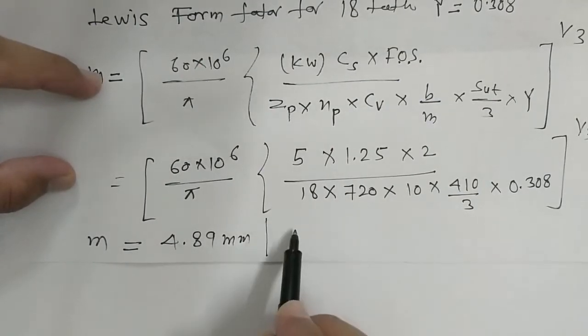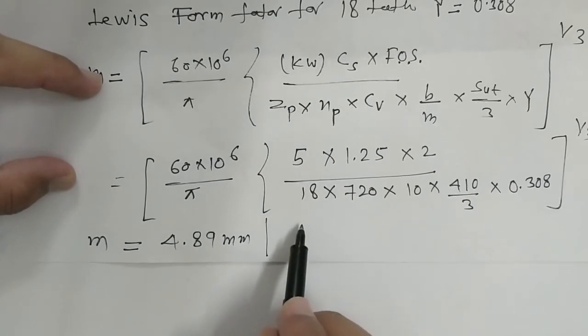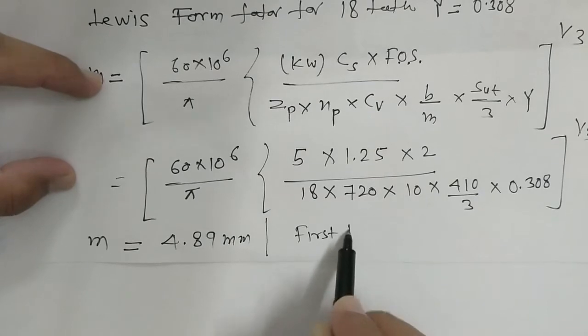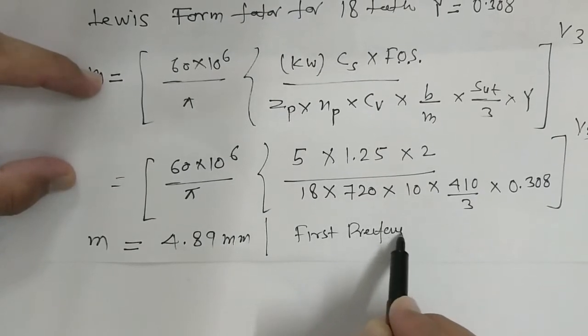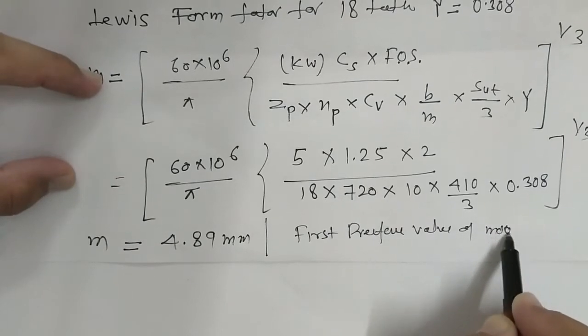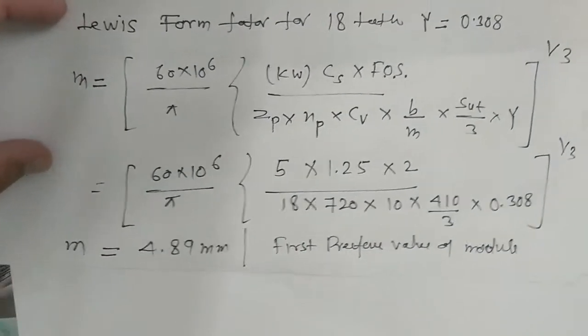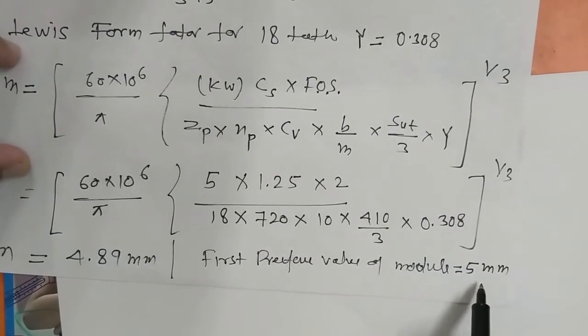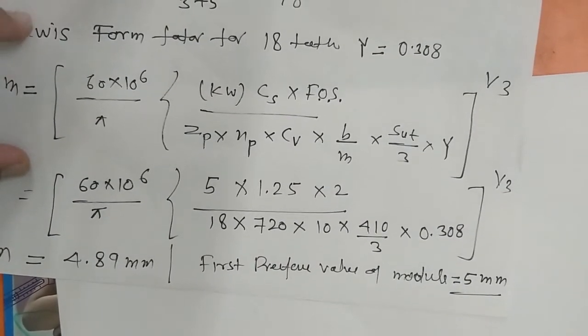From the table, the first preference value of module is equal to 5 mm. So this is the answer for the first part.